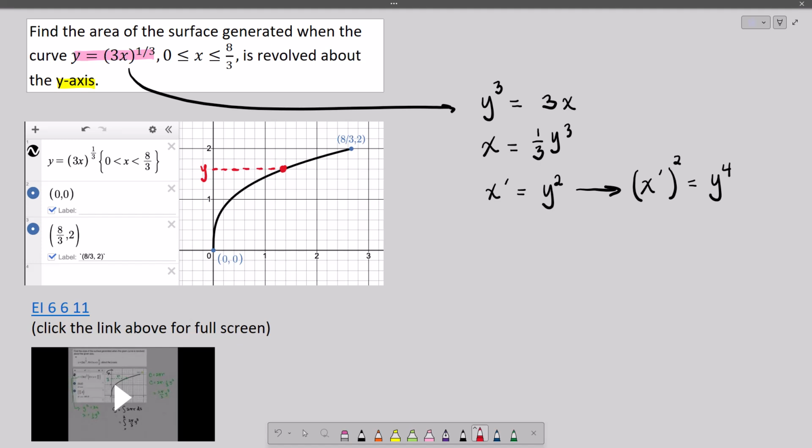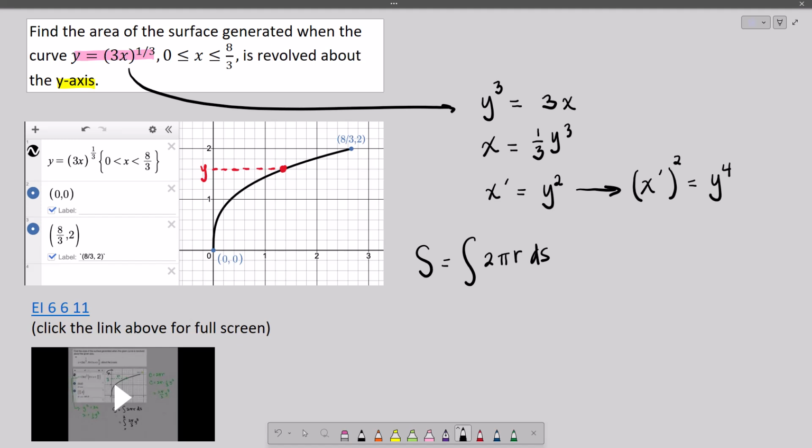And when that point rotates around, it's creating a circumference, a 2 pi r. So our formula for surface area is the integral of 2 pi r ds. We don't know anything about s.